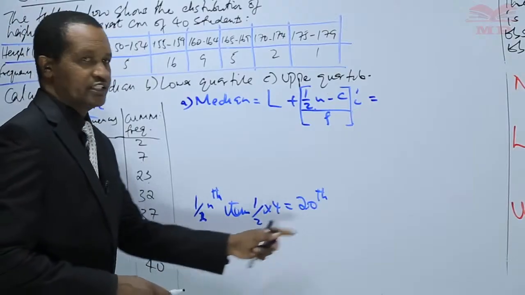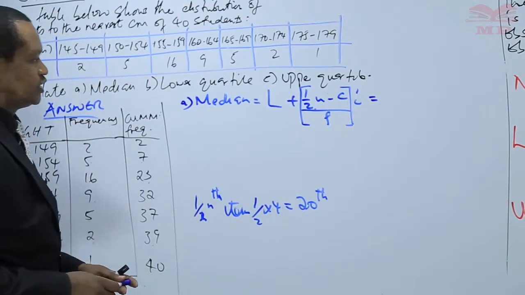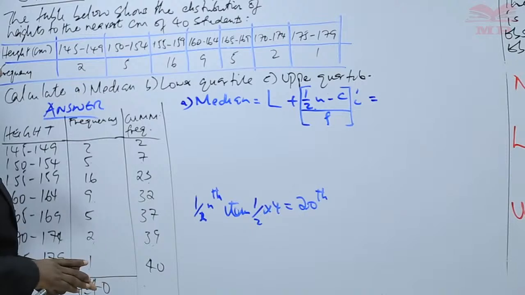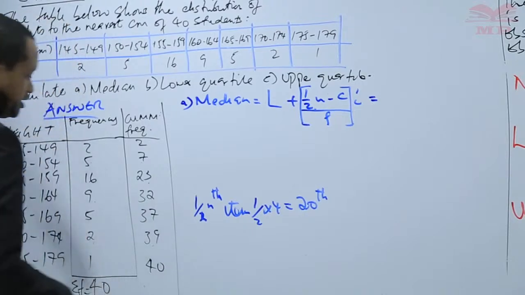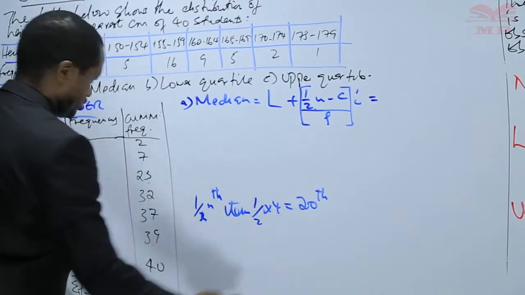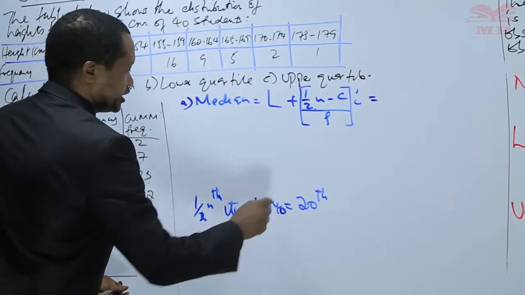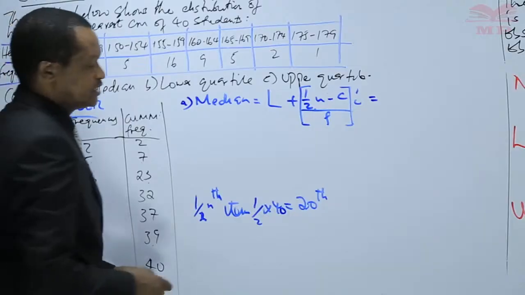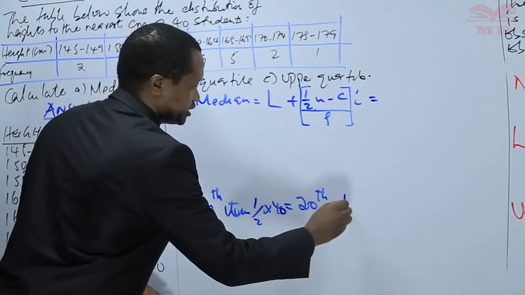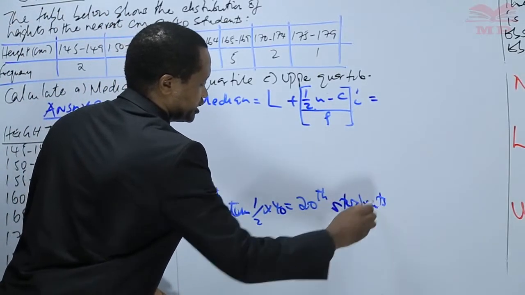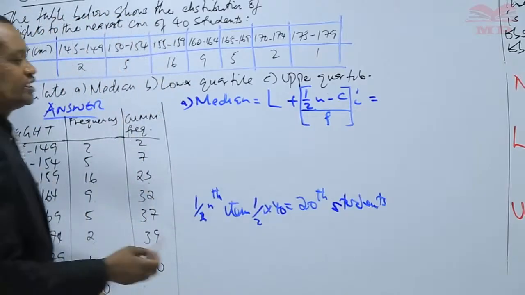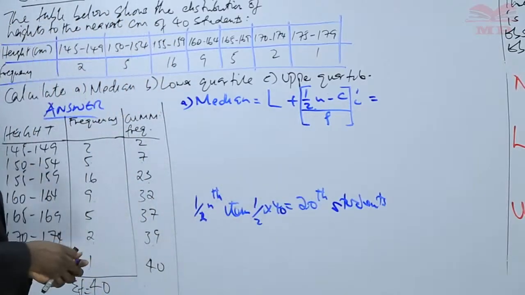That is the 20th student, because this is a half of 40. A half of 40 will give us the 20th student. So we need to find out where the 20th student falls.